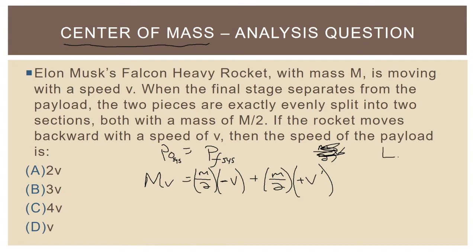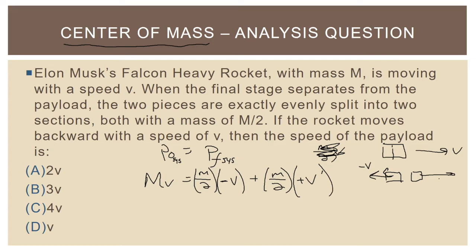If the whole thing, there's the separating line, is moving in this direction with the speed of v, and then eventually the two pieces are moving separately, and one of the parts is moving backwards with a velocity of negative v, that means this piece has to be moving forward, and it has to be moving with a velocity that's faster than v in order for momentum to be conserved.